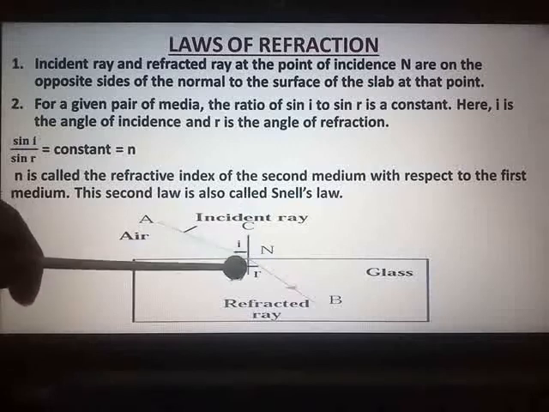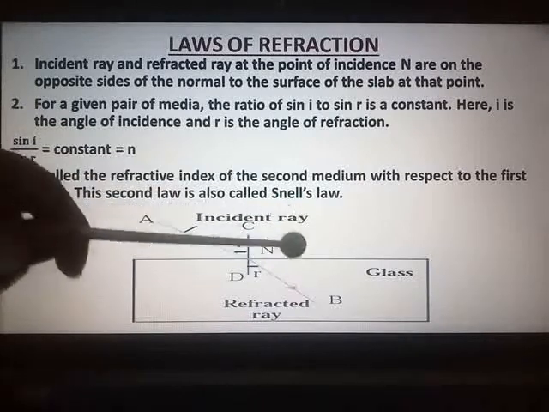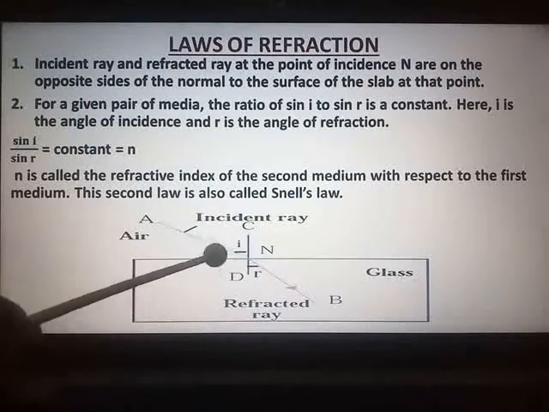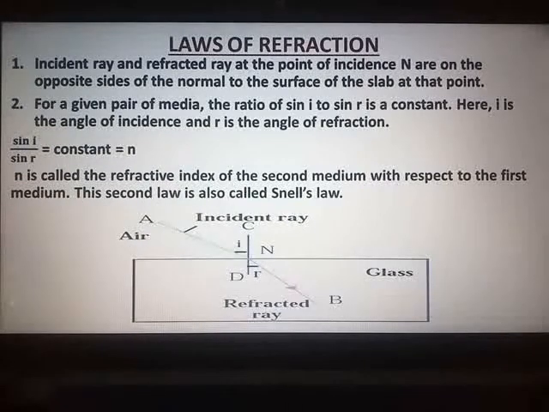You can see this normal N, incident ray and refracted ray are on the opposite sides of the normal to the surface of the slab at that point. So what you can infer here is the incident ray, the refracted ray and the normal, they all lie in the same plane.